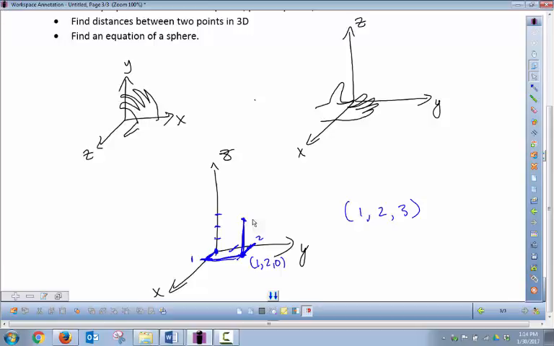Now, notice it's not going to be the same height as the 3 units in the z-axis because it's a little bit lower. But this is going to give us our 3-dimensional point, 1, 2, 3.